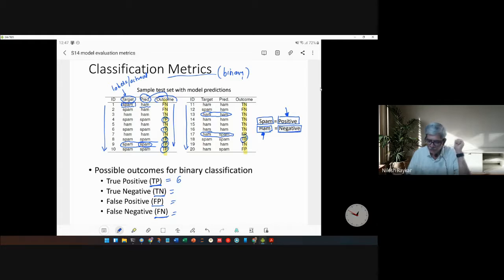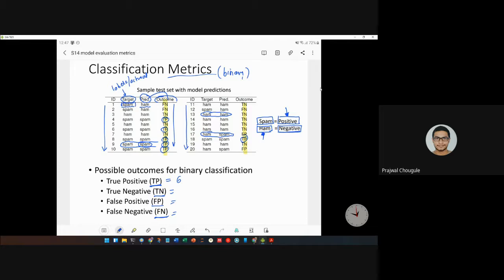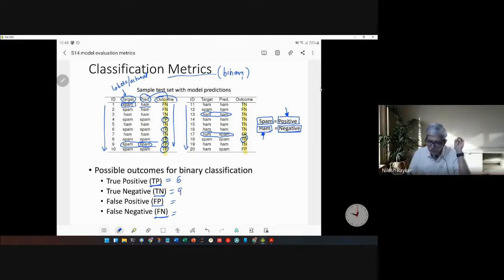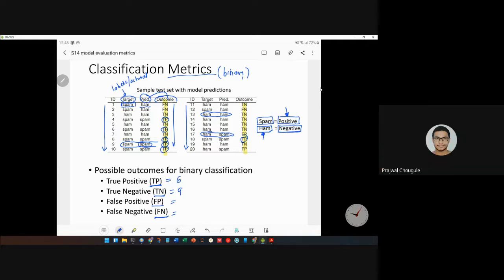So how many true negatives? Can somebody tell? 9 true negatives. Okay. How many false positives? 2 false positives.